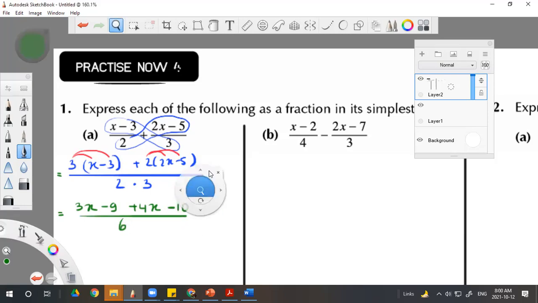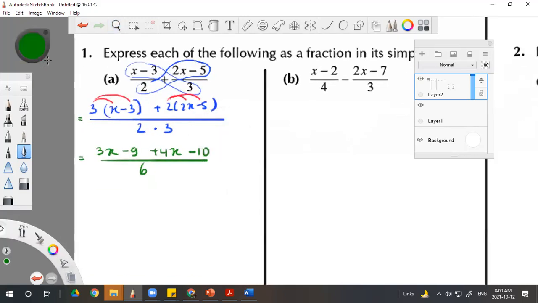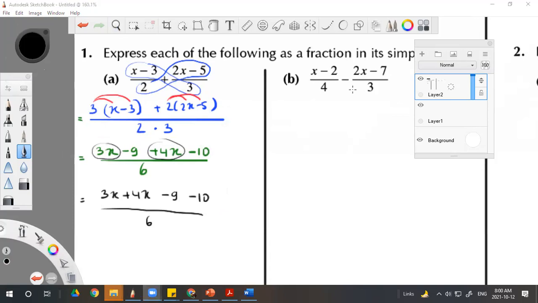Collecting the like terms. Which are the like terms? 3x plus 4x. If you want to do it slowly, make sure that you understand everything. Minus 9 minus 10 over 6. Okay. What else? Combine.